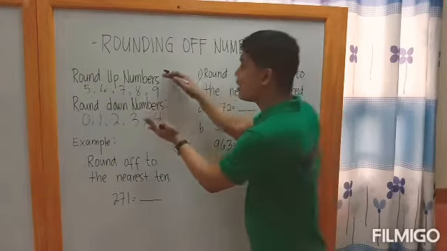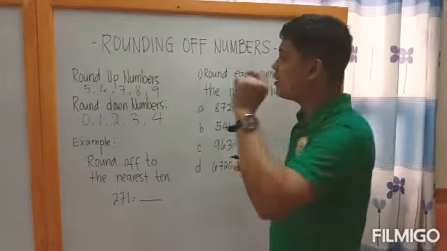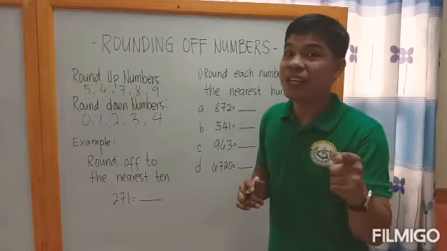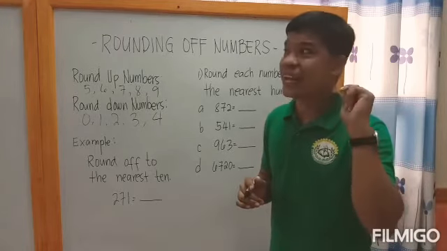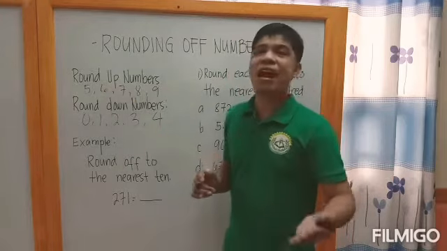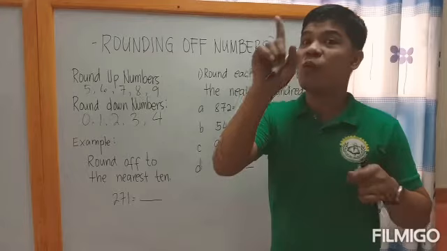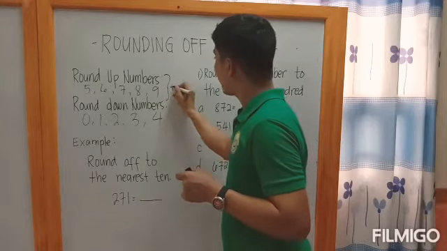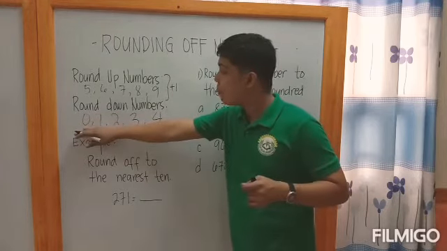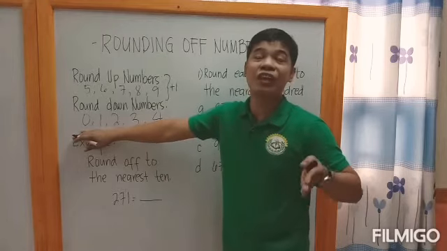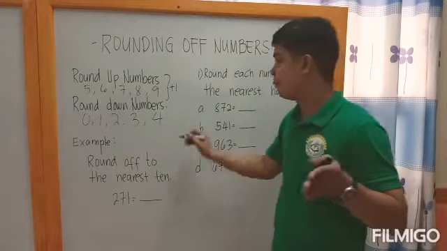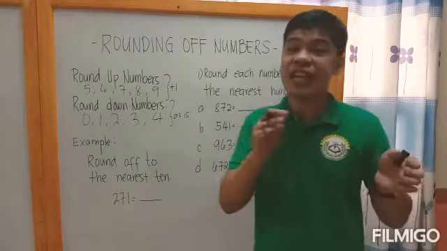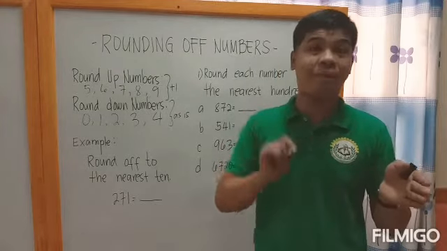Listen carefully: when we see round up numbers, we will add 1 point, or plus 1. When we say round down numbers, we keep the number as is, meaning it remains; it won't be added by 1 point.